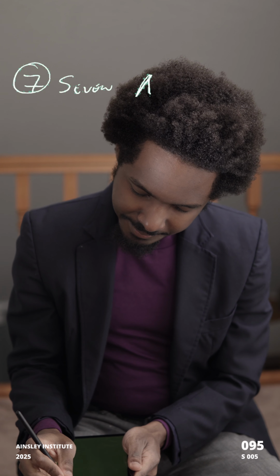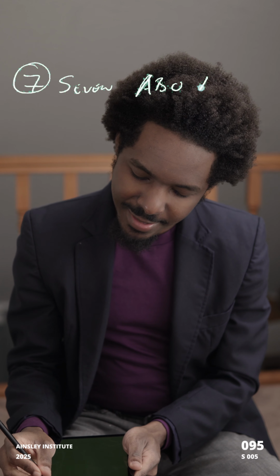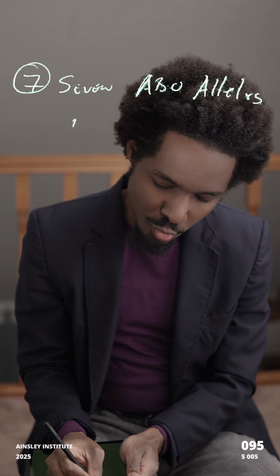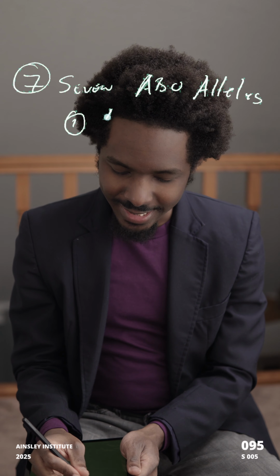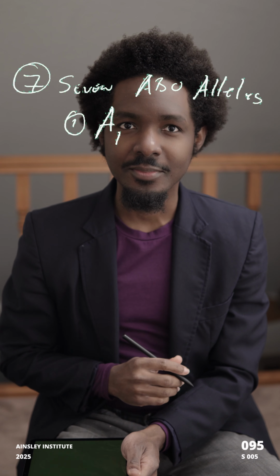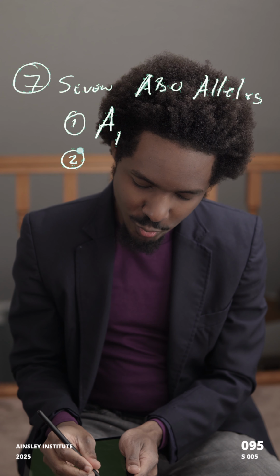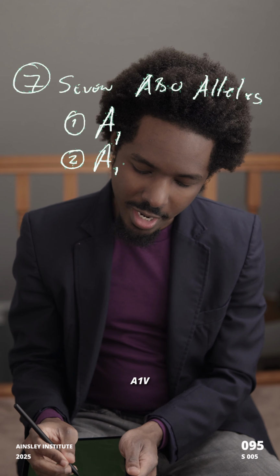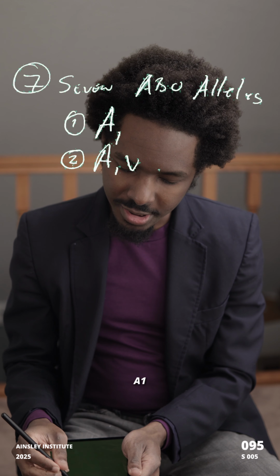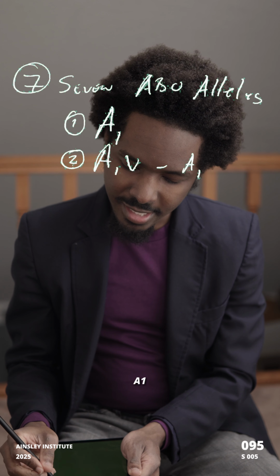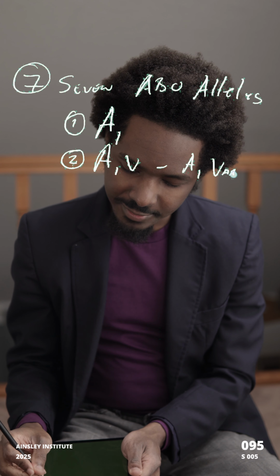All right, and these are the ABO alleles. So number 1, we're talking about the A1. Then we have number 2, the A1V, which is the A1 variant.